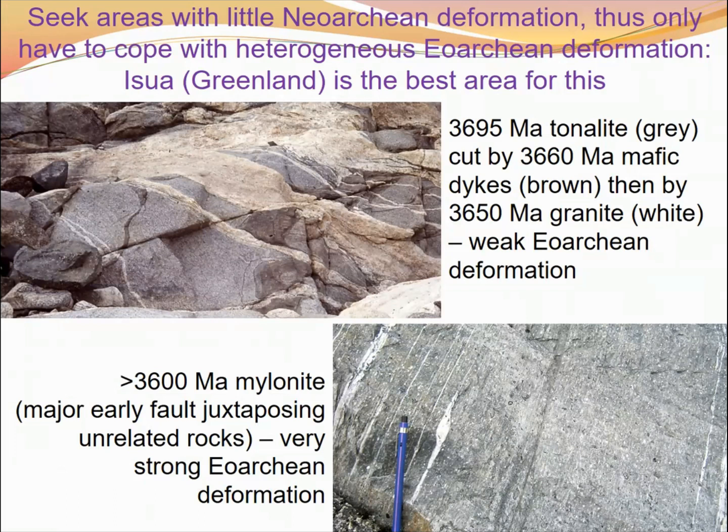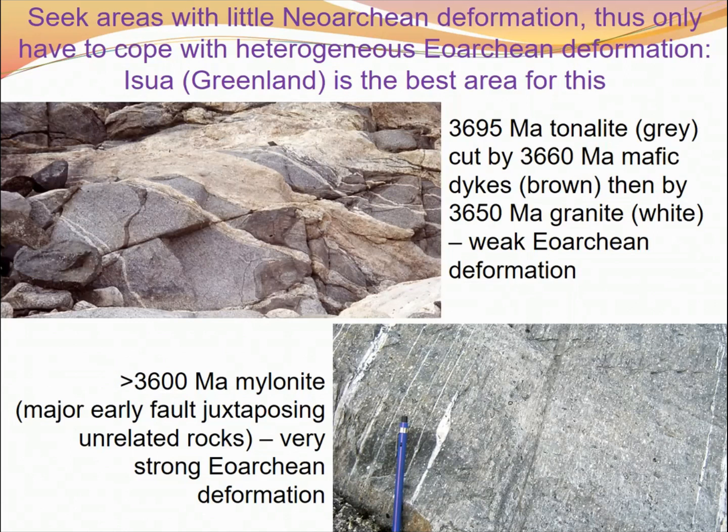So for example, the top picture here shows a 3,695 million year old tonalite, which is a grey rock, first of all cut by little mafic dikes, and then by granite, which is 3,650, okay? And there you can quite clearly see that you've got weak Eoarchean deformation.